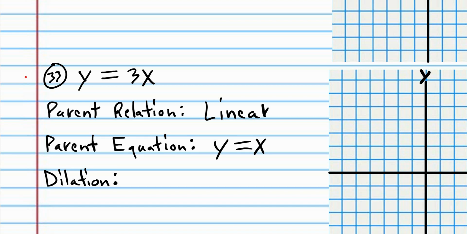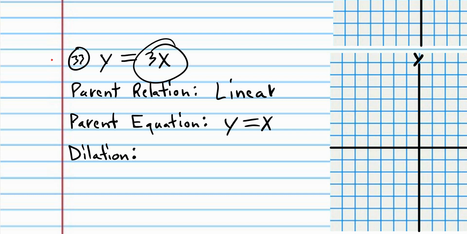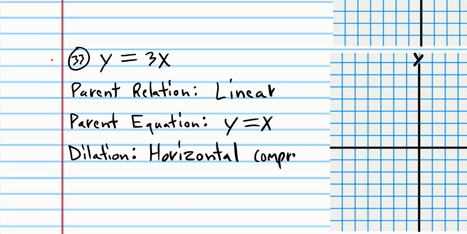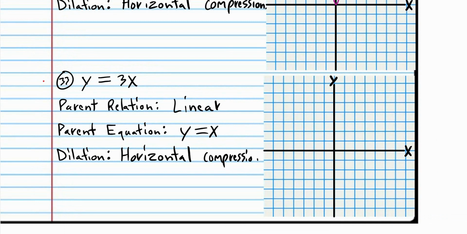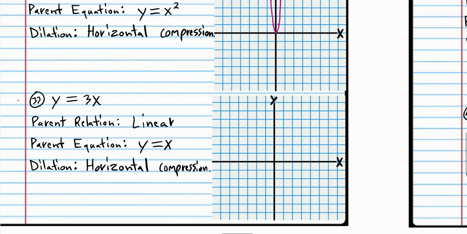y equals x is the equation, and it looks like we're doing something to x. So it's going to be a horizontal dilation, and it's multiplication, so it's going to be a compression. So let's draw the parent graph.